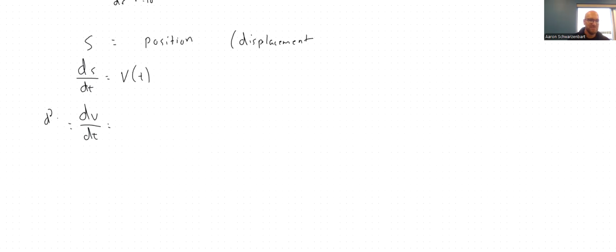Acceleration. So that is important information, that acceleration is the second derivative of position.